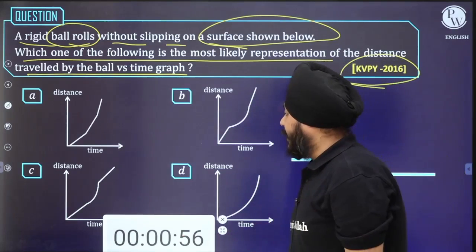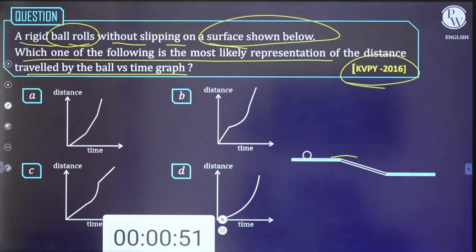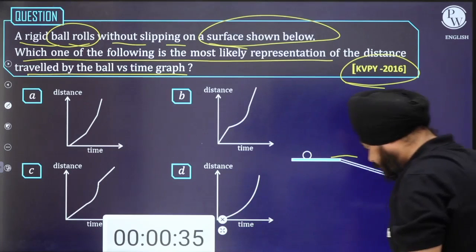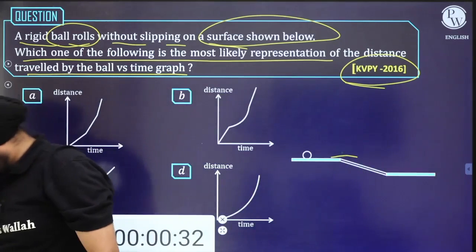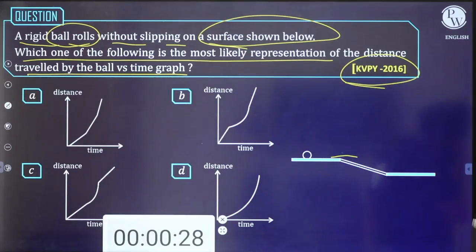Select the correct option for the distance versus time graph. Less than half the time is remaining.